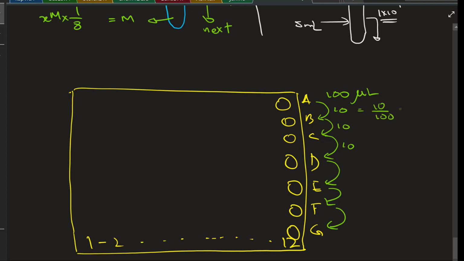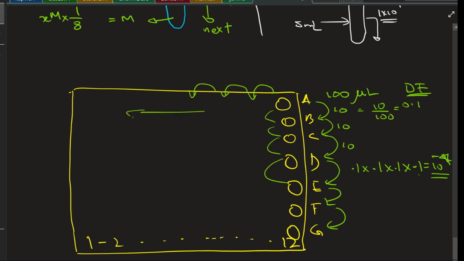Let's say in this case, I start with 100 microliters of a DNA solution, or maybe some serum. So you pass 10 microliters, 10 microliters, 10 microliters. In this transfer, your dilution factor is 10 over 100, which is 0.1. So if you go to the fourth step, between D and E, you have four dilution factors.